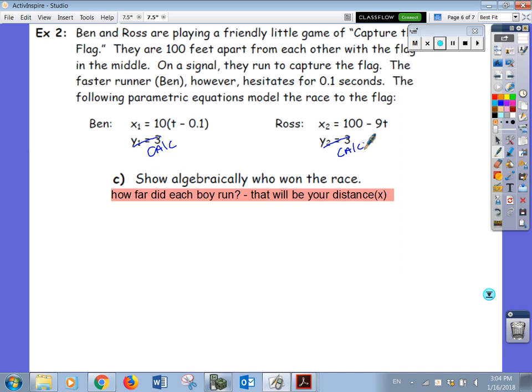So to show algebraically, all you do is put in the horizontal distance. What is the horizontal distance they both ran? Since they're 100 feet apart, they both ran 50 feet to get the flag. So for Ben, we would say 50 equals 10 times t minus 0.1. And for Ross, we would say 50 equals 100 minus 9t.